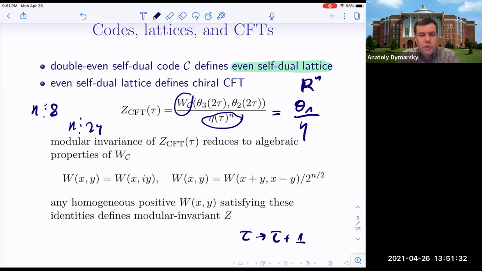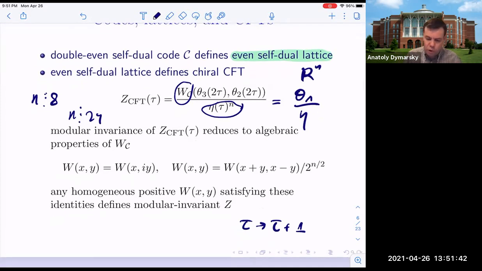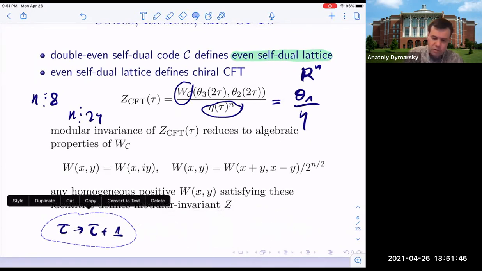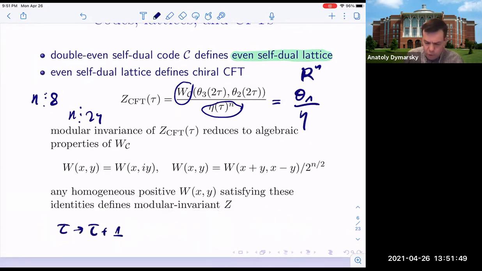When it comes to the numerator, the numerator behaves correctly, as it should, to ensure modular invariance. And modular invariance includes 2 transformations. We know that to check for modular invariance, you need to check the correct transformation under tau goes into tau plus 1 and tau goes into minus 1 over tau. There are two transformations. You need to make sure that both are taken care of.